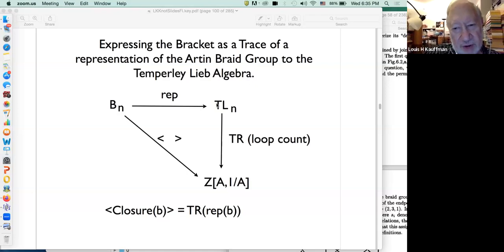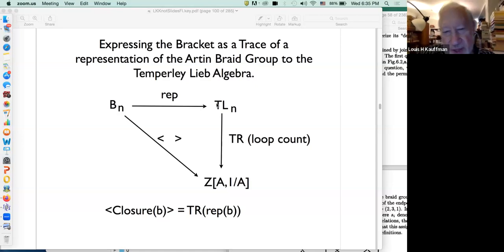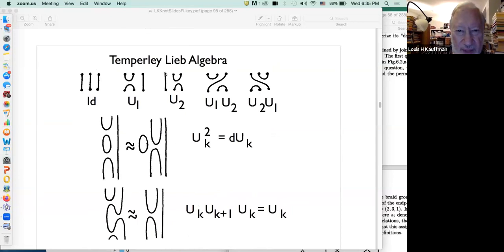And then there is a trace function on the Temperley-Lieb algebra, which is easy for us to define because the Temperley-Lieb algebra is given diagrammatically as pictures. Let's go back to one of these pictures. What would the trace of the identity be? D cubed. What would the trace of this be? Well, you close that and you get a loop, and you close this one, you get one loop.